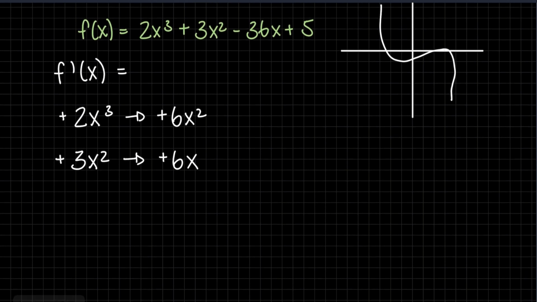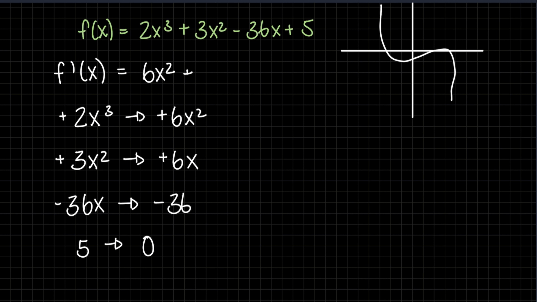The derivative of negative 36x is just negative 36. And the derivative of 5 is just 0. So therefore, our f prime of x is 6x squared plus 6x minus 36.